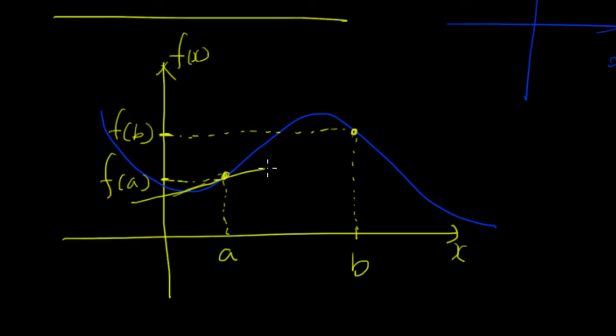So if I just draw it, I might have to try a few times to get the line that I like. Okay, that's a little better. So the slope of the line passing through this point and this point is called the average rate of change.